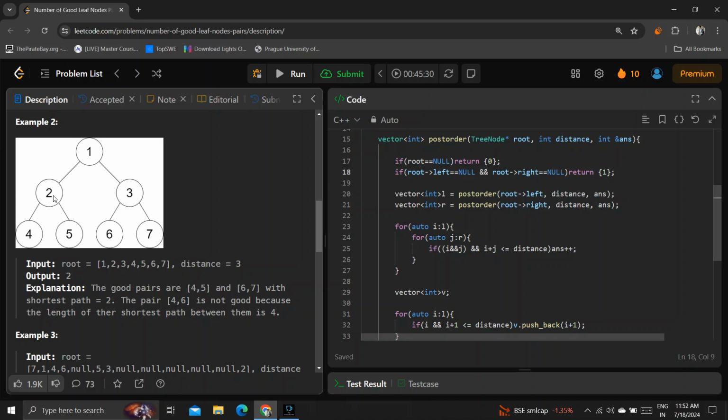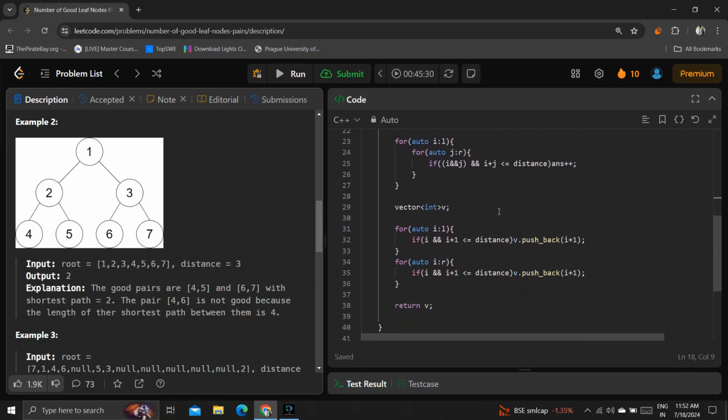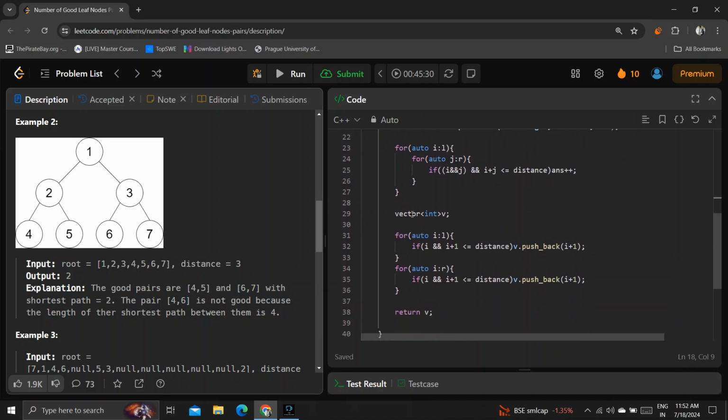Now we have to return some value. So I will make one vector, and I will check for the left vector: if i is not equal to 0, and it was containing 1, the condition will pass, and i plus 1 is less than or equal to distance, that is 3. Yes, 1 plus 1 is 2, so we will push 2 into our vector. Here also we have one value, and 1 plus 1 is less than or equal to distance, so we will push 2 into our vector.